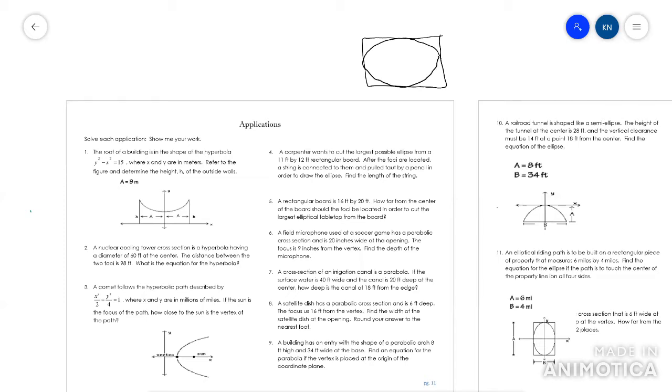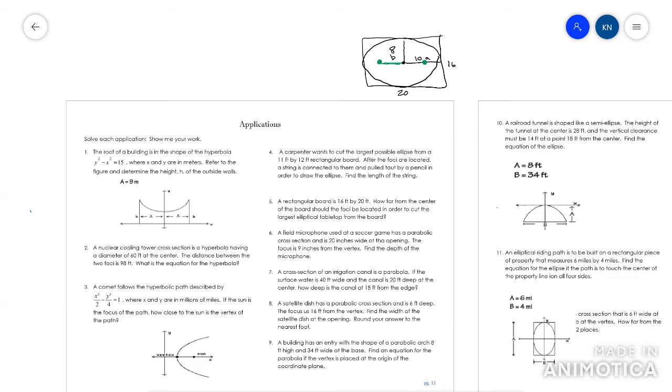They tell me that it's 20 feet by 16 feet, which means from center we go 10 this way, that's my a, and we go 8 this way, that's my b. And they're asking, how far from center of the board should the foci be located? So they want to know where these green dots are going to be.